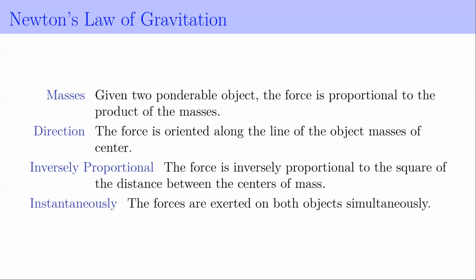The force is oriented along the line between the objects, along the centers, and inversely proportional to the square of the distance. And most objectionable is non-locality. The forces are exerted on both objects simultaneously.